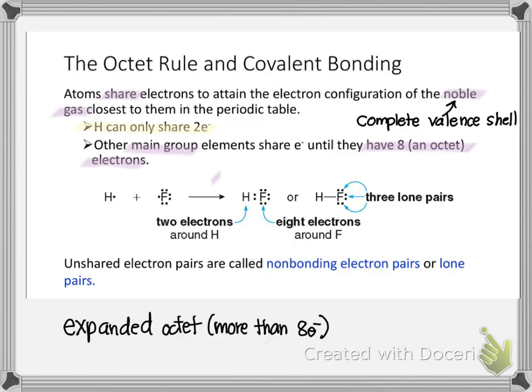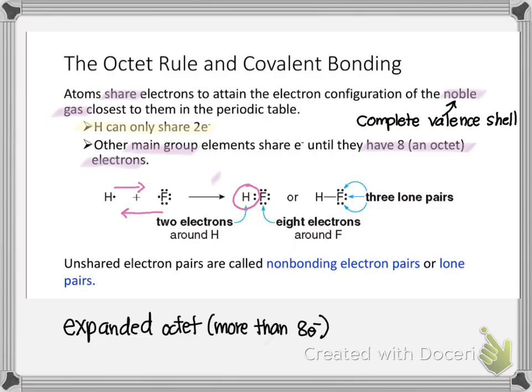So if you can imagine on the left, there's a hydrogen with 1 valence electron and a fluorine that has 7. And so these 2 things are coming together. And when they come together, it looks like this.